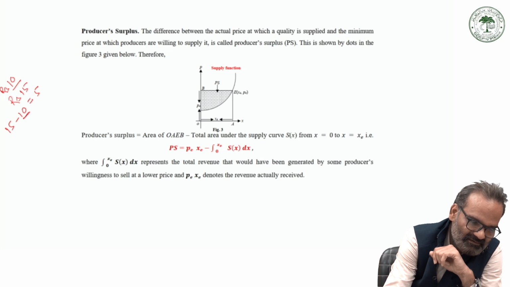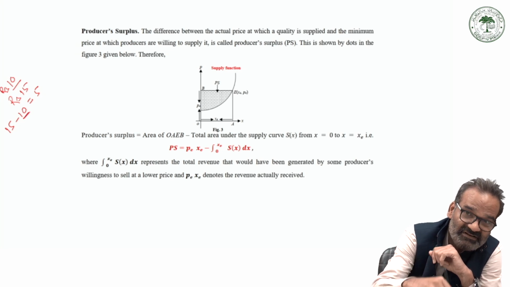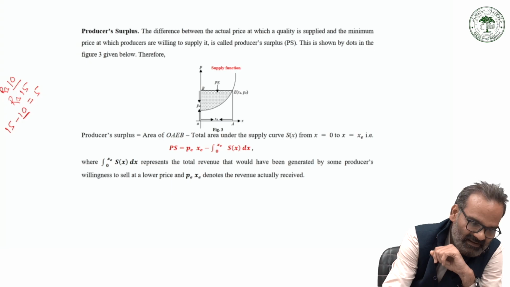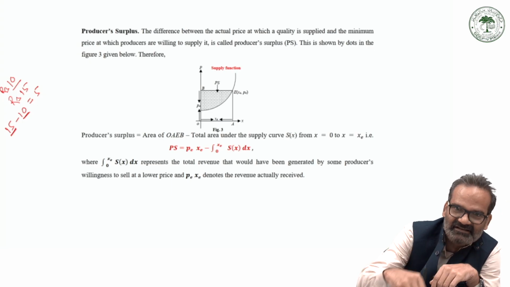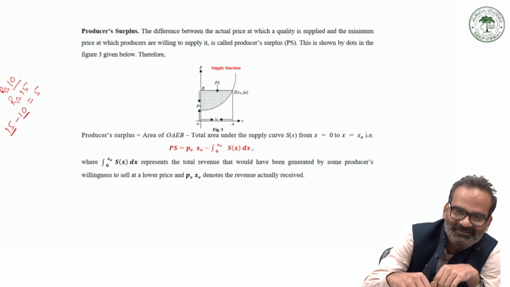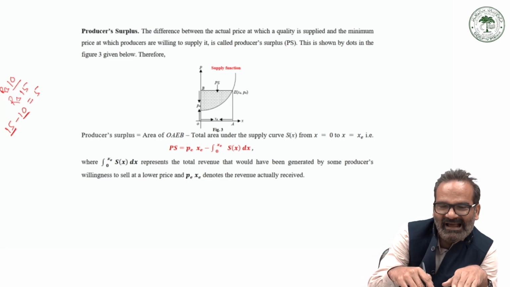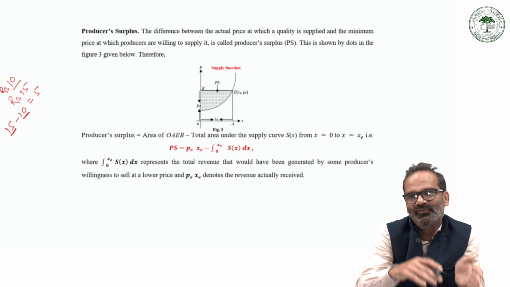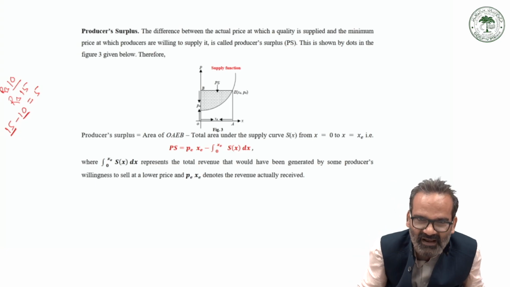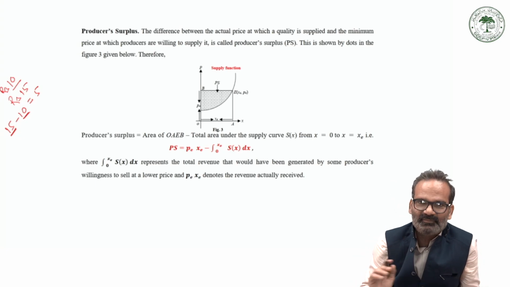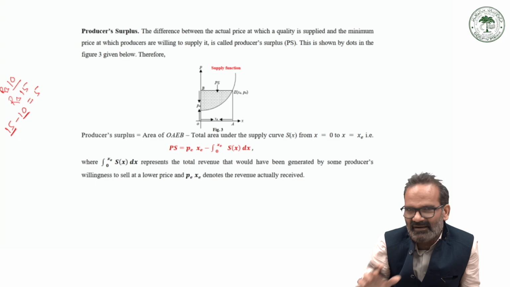This is what he is willing to receive for the same product, and this is what he is receiving from the market. The difference between them is known as the producer's surplus, and it can be determined by the same graph.